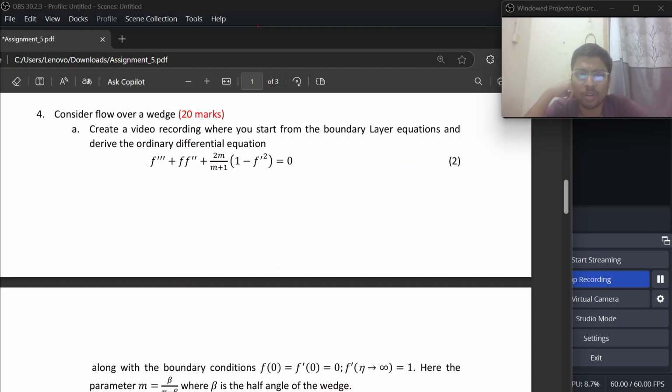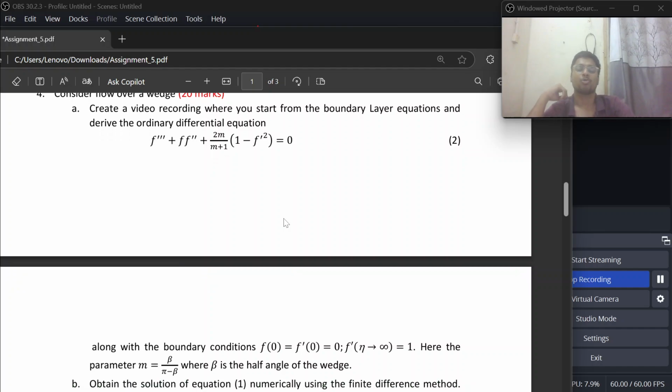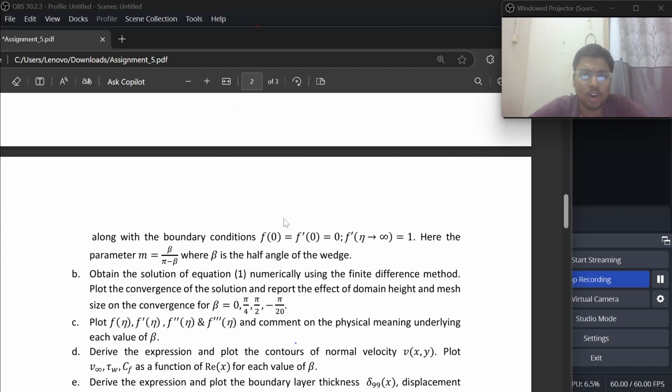We have to start from the boundary layer equations and derive the ordinary differential equations along with the boundary conditions f(0) = f'(0) = 0, f'(θ) tends to 1 as θ tends to infinity.